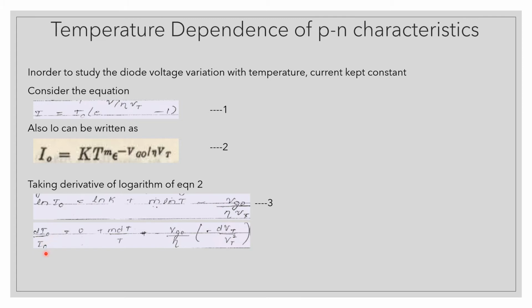So dI0/I0 = 0 + m dT/T − (Vg0/η)(−dVt/Vt²). Since Vt = kT/e, the volt equivalent of temperature, dVt = (k/e) dT, which can be written as (Vt/T) dT.